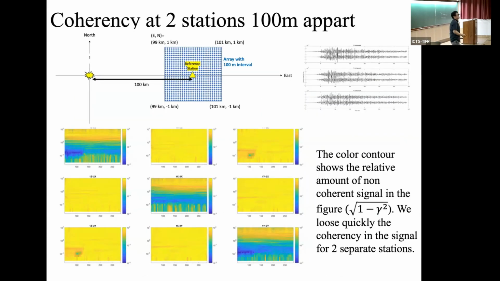Finally, I would like to say some words on the coherency of the seismic signal. So we did some theoretical studies, saying let's say there are 2 seismometers placed 100 meters apart. We simulated the seismic signal in this box from a 100 kilometer away impact, to see if you have 2 stations side by side, 100 meters away, how the signal will be correlated.